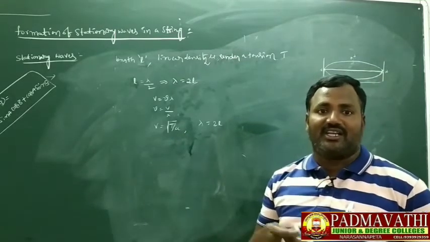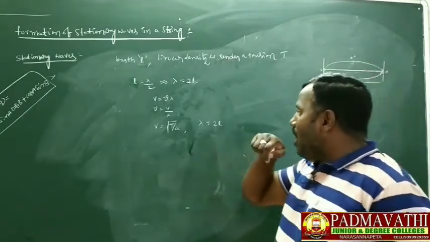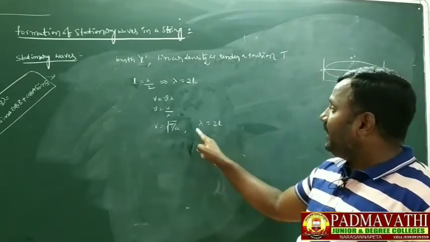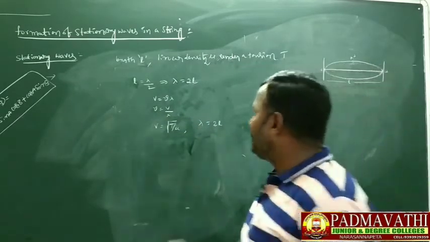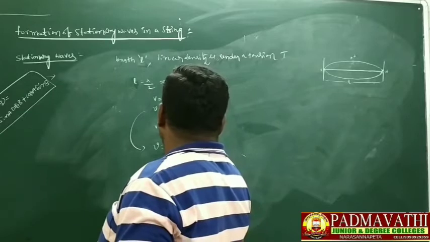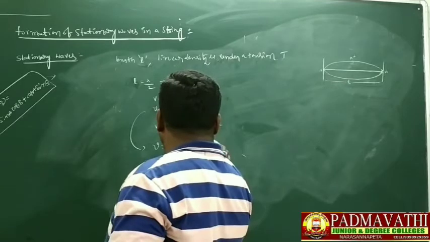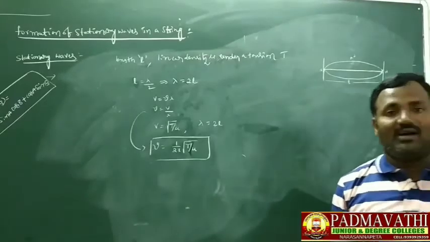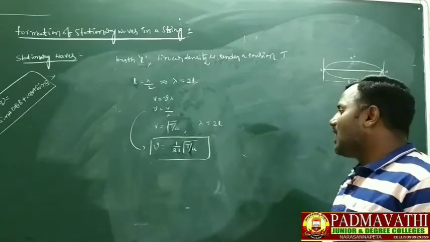Linear density means the ratio of mass and length, or mass by length. Now substituting the velocity and wavelength in the equation of frequency, nu equals V by lambda, we get nu equals 1 by 2L into root T by mu. This is called the fundamental frequency or first harmonic.